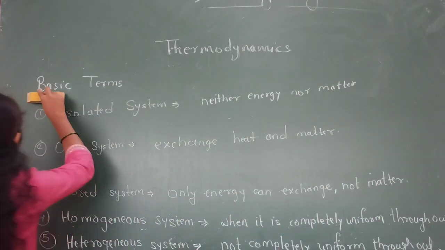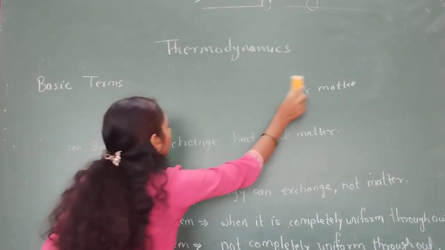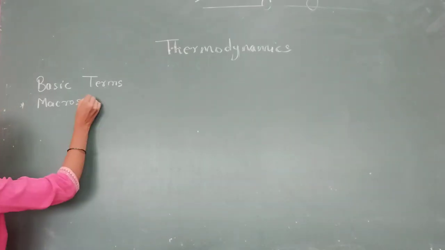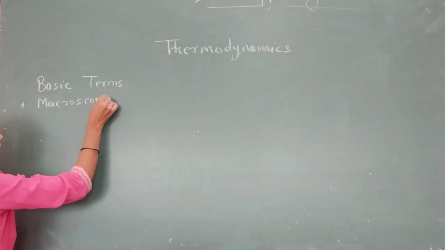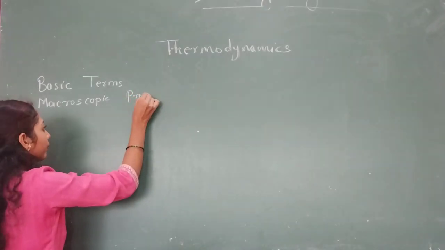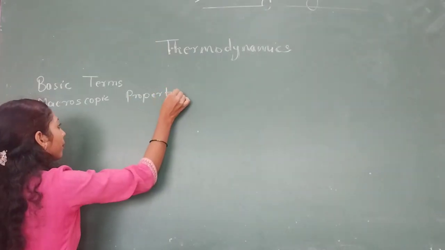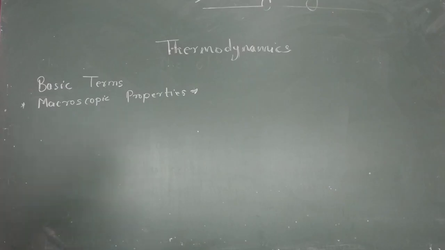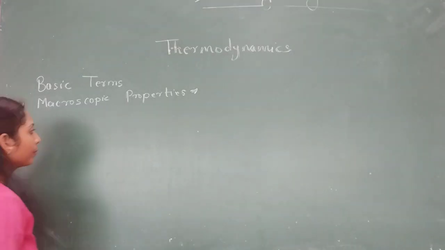So next point is macroscopic properties. The properties associated with the macroscopic system, that is consisting of a large number of particles, are called as macroscopic properties.